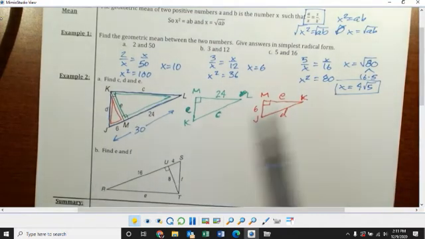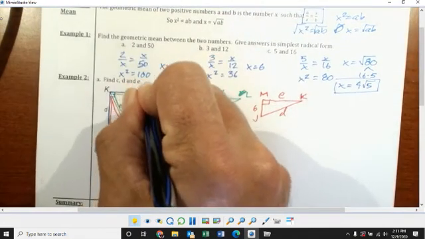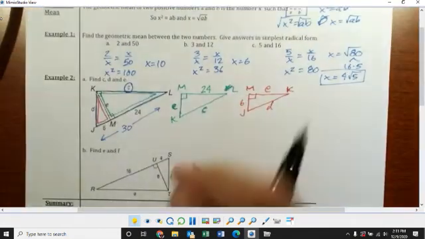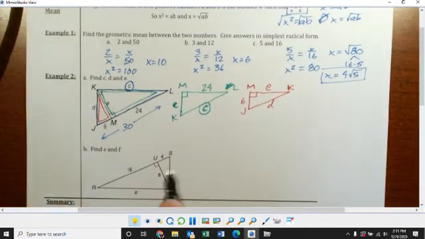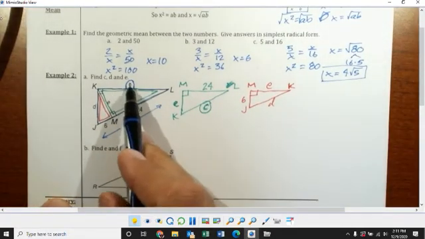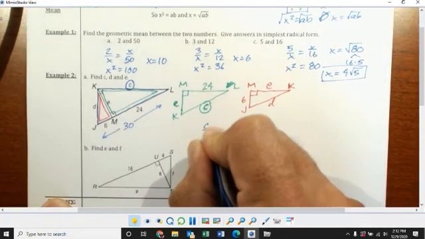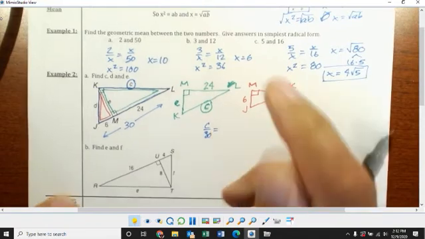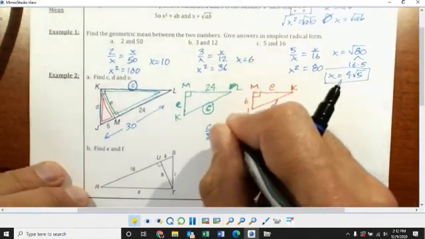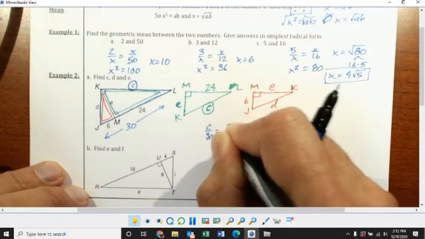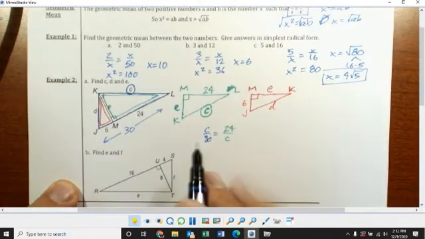So, C appears here in the large triangle and here in the medium triangle. So I can go long side over hypotenuse. I can say C over 30 is going to be equal to, and over here I also have to do long side over hypotenuse, so 24 over C. The way that I've set this up, I color-coded it for the triangles.